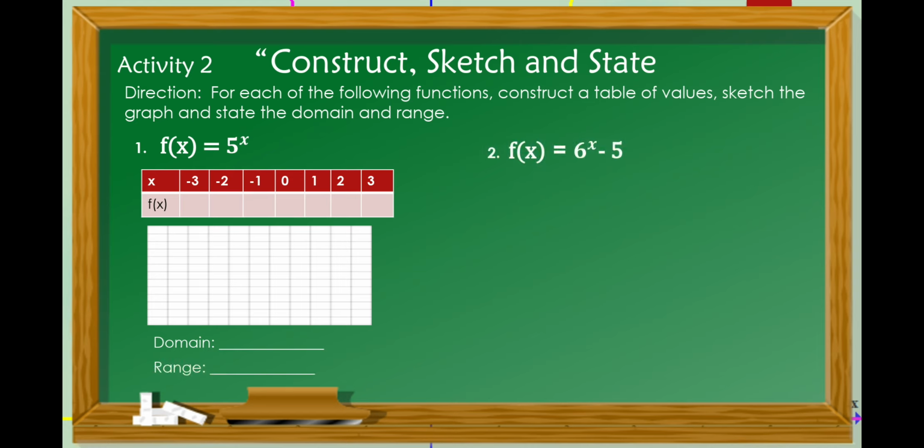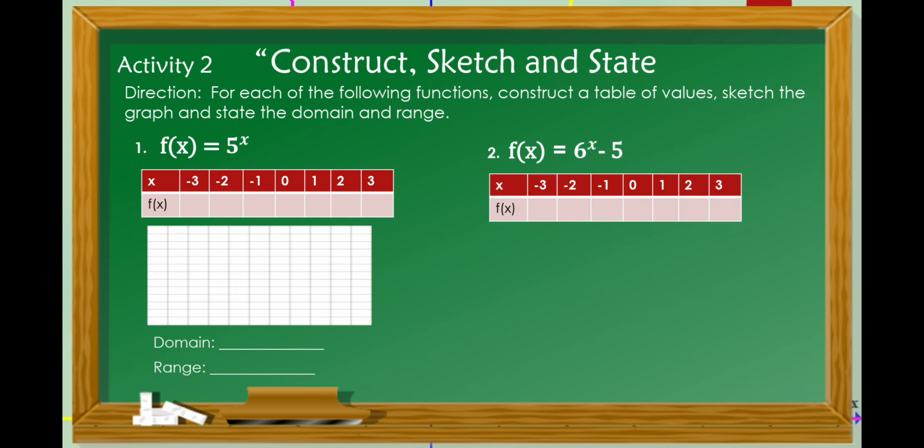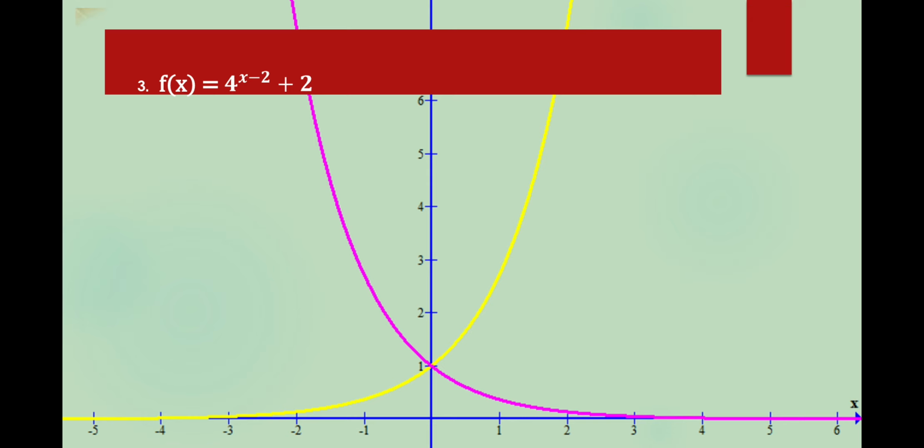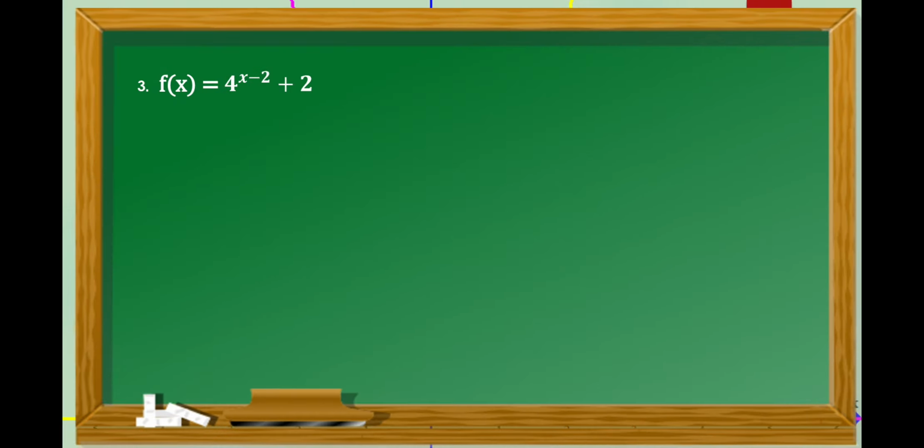For number 2, function of x is equal to 6 raised to x plus 5 minus 5. So again, construct a table or complete the table of values. Then sketch the graph, find the domain and the range. For number 3, we have function of x is equal to 4 raised to x minus 2 plus 2.